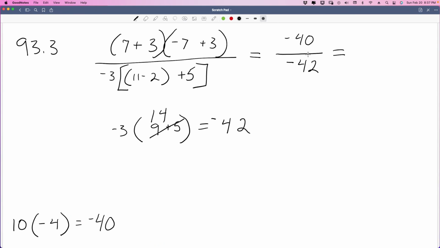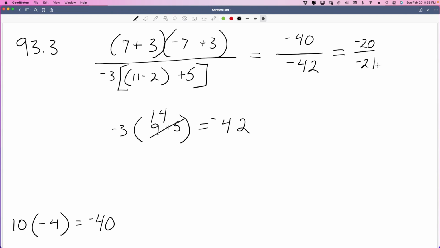So if I divide the top by, let's see, let's divide the top by 2, I get negative 20. If I divide the bottom by 2, I get negative 21. How about that? So I cannot reduce this any further, I do not believe, because this is an odd number.